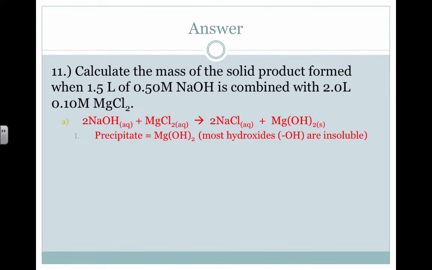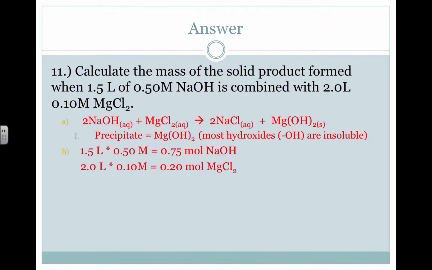Now, for step 2, we need to determine which reactant is limiting. I'll do this by first determining the moles of sodium hydroxide and the moles of magnesium chloride used in this reaction. Since I have a concentration and a volume, I can use the molarity equation to determine that I have 0.75 moles of NaOH and 0.20 moles of MgCl2.